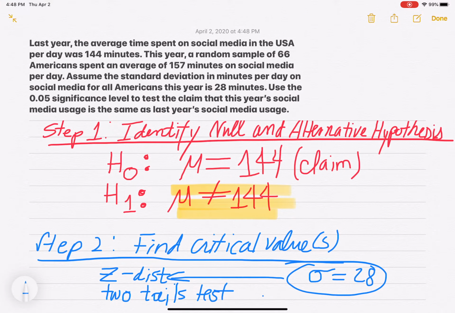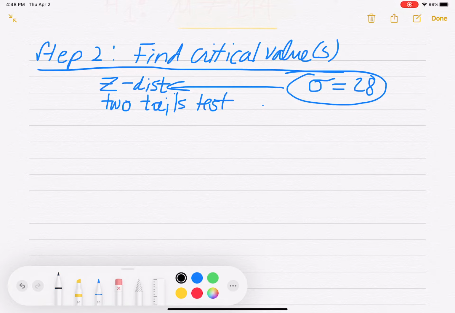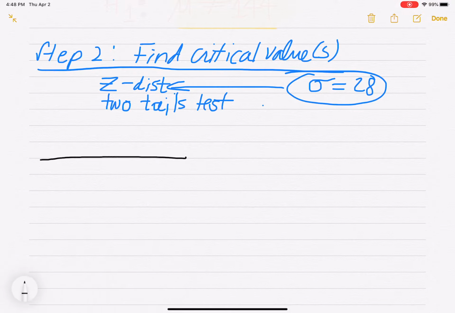All right, two-tails test. Now let's draw a little picture. Here's my z distribution. I'm going to have 0 in the center. I'm going to have a tail on the left, a tail on the right, because we got two tails.